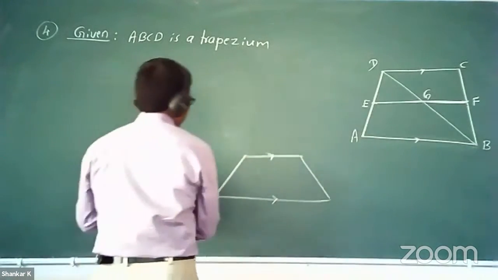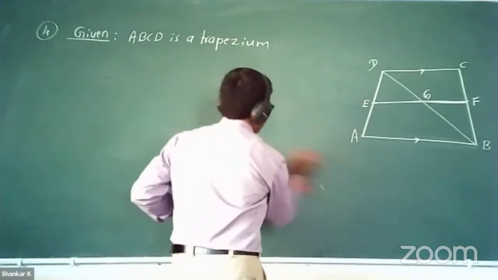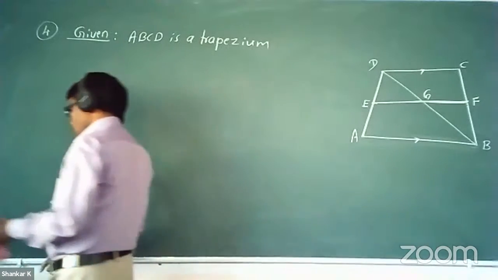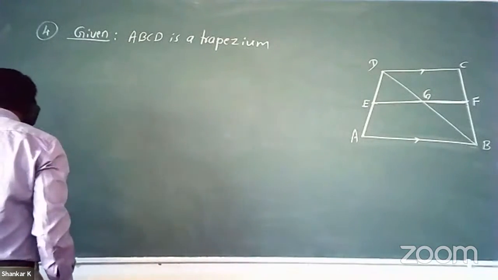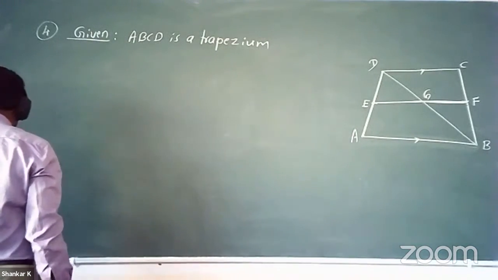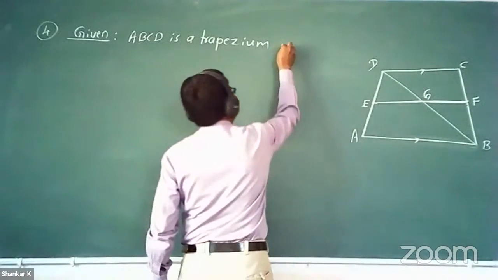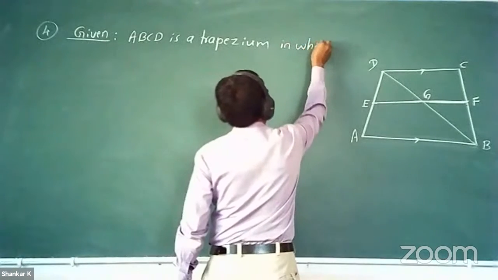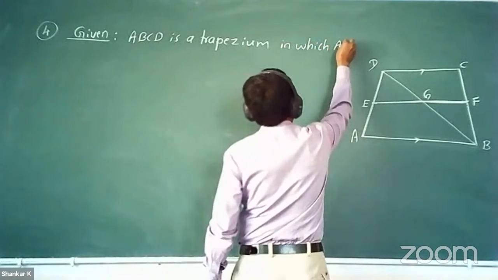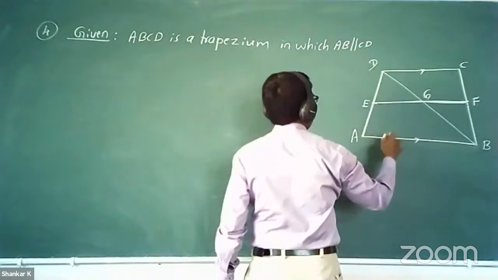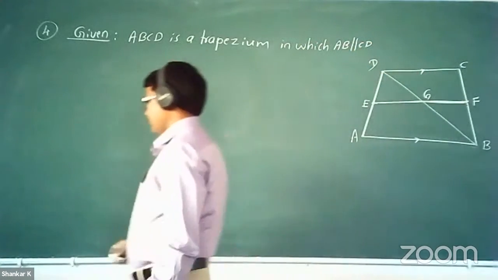Here, ABCD is a trapezium, which means two sides are parallel. AB is parallel to CD. That is also given. ABCD is a trapezium in which AB is parallel to CD.